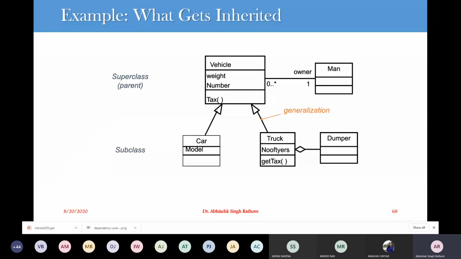So for this class car, it gets the properties weight and number, and in addition it has a model, where it inherits the tax behavior from the vehicle. In addition, it also has a relationship with the man class. So this subclass gets attributes, behavior, and the relationship with other classes from the superclasses. Fine. So this is just a relationship.